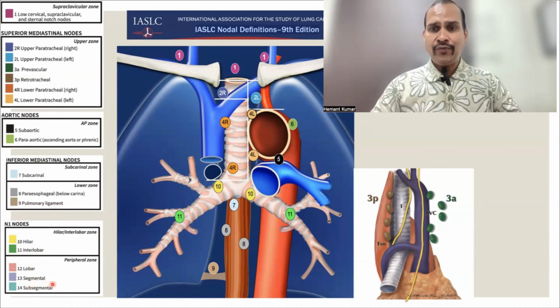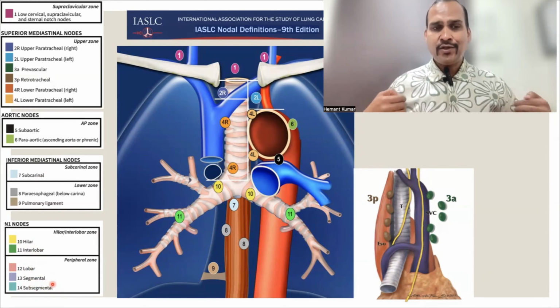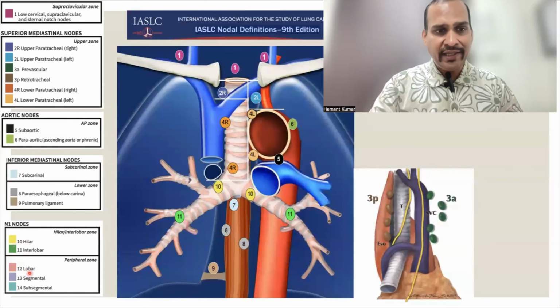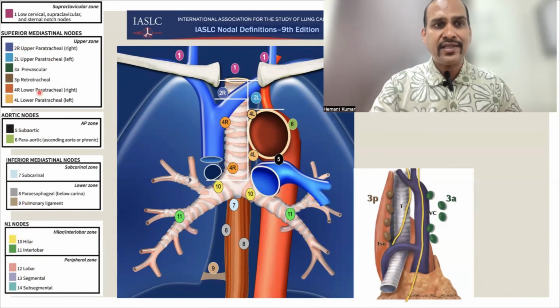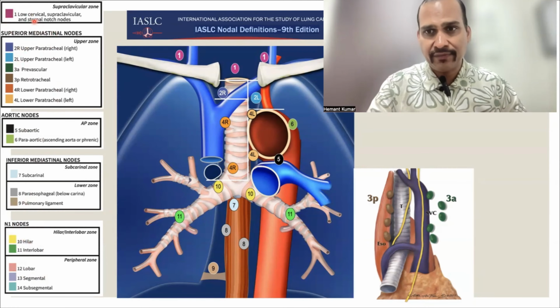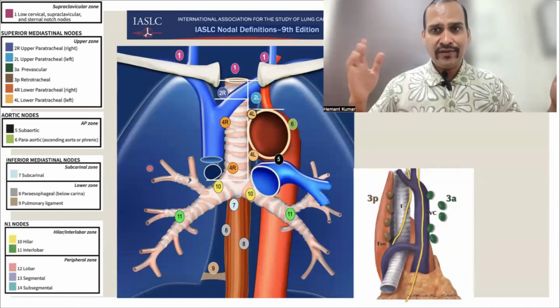This is how we are seeing lymph node from 10 to 14. So 10 to 14 is N1 node. If you find any lymph node from here, it is N1. If you find any lymph node from 2 to 9, it is N2 node. If you find station 1, it is N3. Poor prognosis. Okay, so this is how we should remember lymph node from 1 to 14.